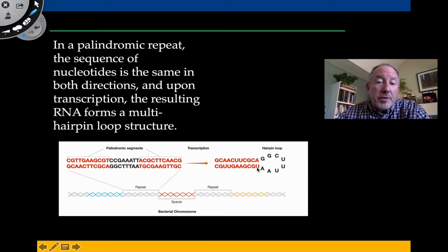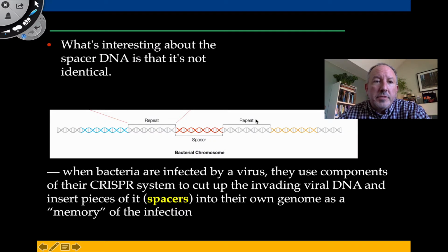And spoiler alert, it was these repeating sequences of DNA, transcribed into RNA, the so-called tracer RNA, that helps to connect the RNA with the Cas9 protein, as it turned out. What's interesting is the spacer DNA is not identical.